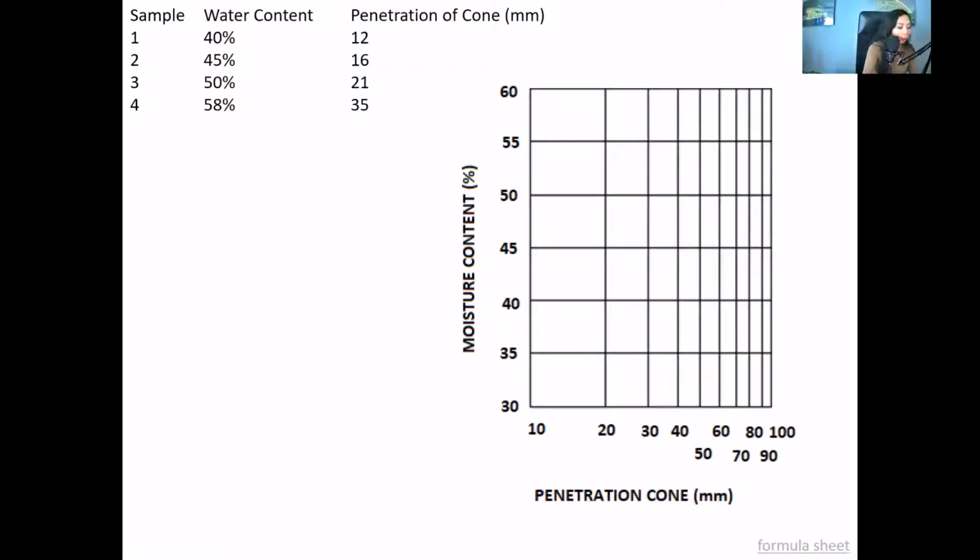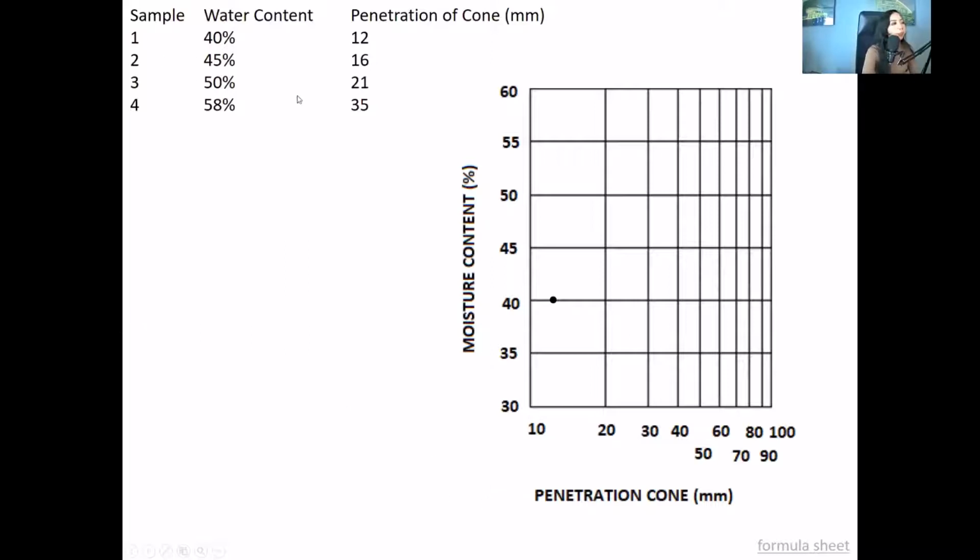And then we will plot again. Let's start with sample number 1. I have 40% water content, and my penetration is 12. So I would say it should be somewhere here. Then it continues until sample 4.